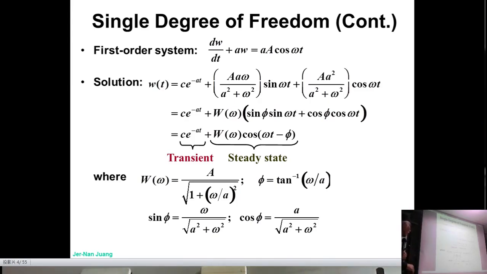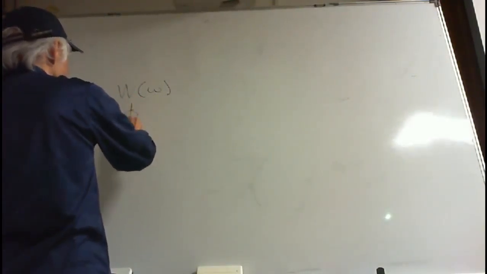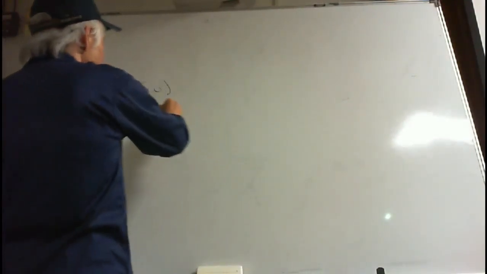Okay. Let me write it down here. Maybe I talk a little bit here. That would be good. So this is W(omega). And then I have a phi, not phase.